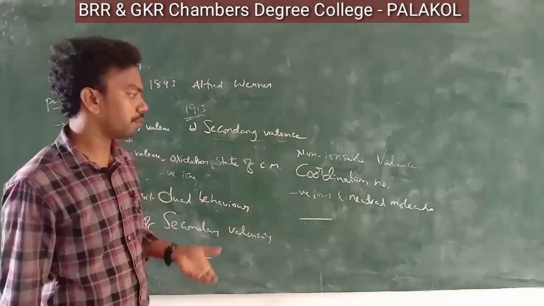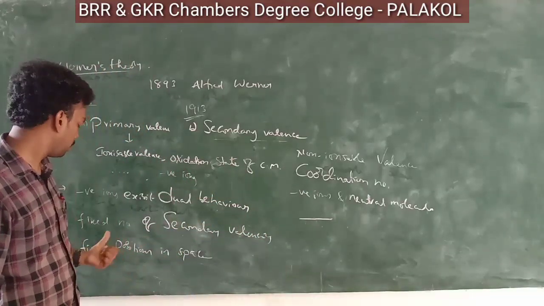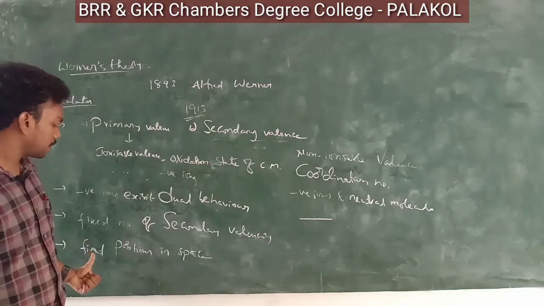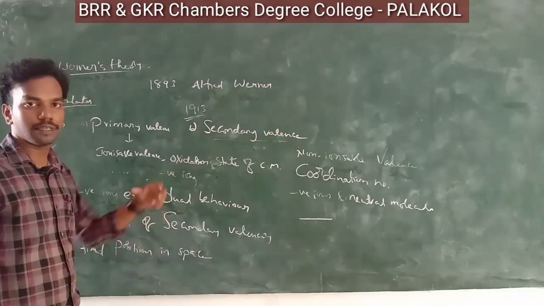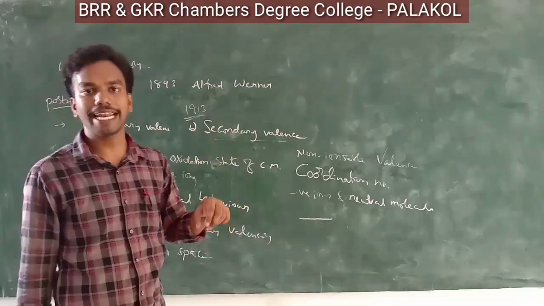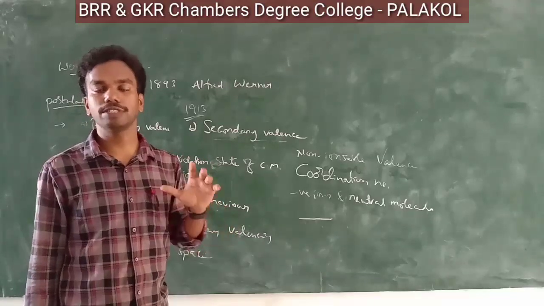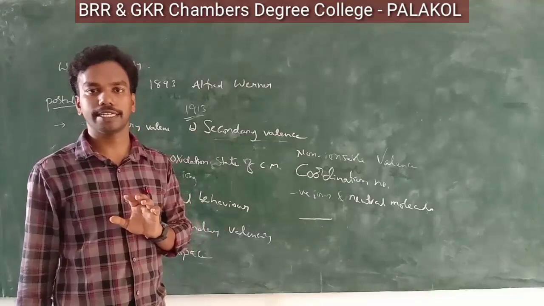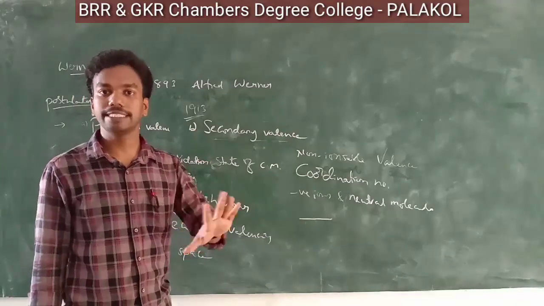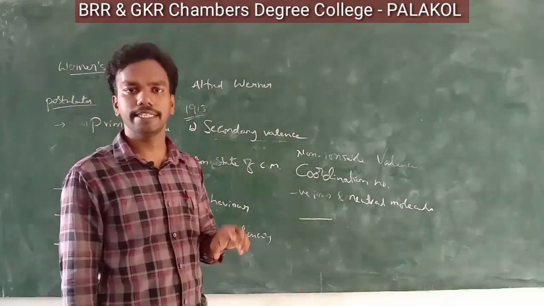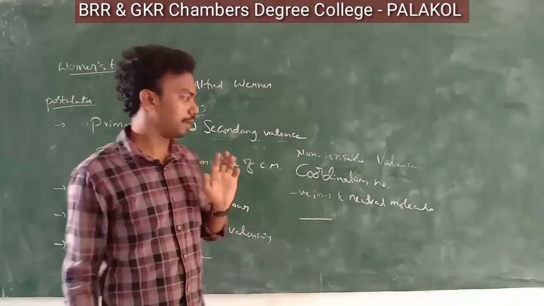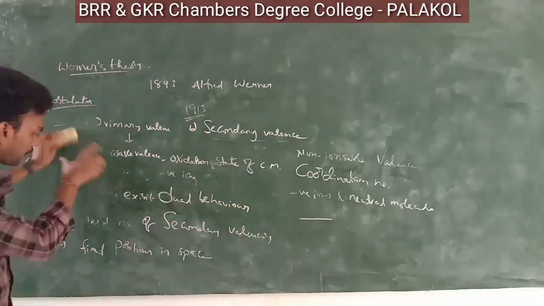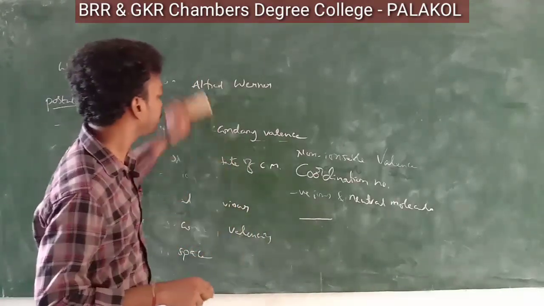The number of ligands depends upon that. Next, these secondary valencies are directed towards fixed positions around the central metal. If you have a 4 coordinate complex, the 4 ligands are arranged in a tetrahedral or square manner. If you have 6 ligands, they are arranged at octahedral corners. So these are the postulates of Werner's theory.